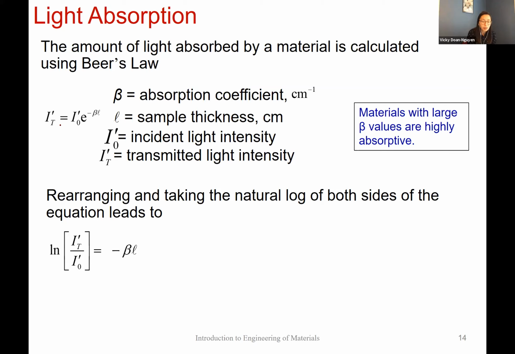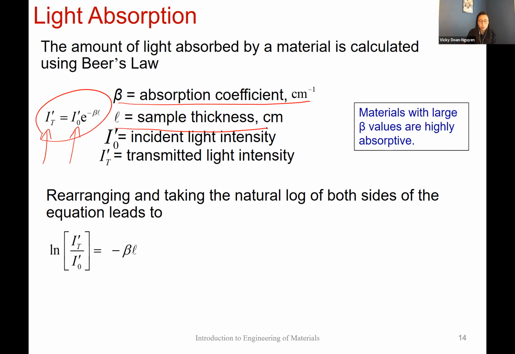That's given by Beer's law, which tells you that if you have some incident light intensity, I naught prime, the amount of light that's transmitted, reciprocal to that of the absorbed, I sub t, is dependent on beta, the absorption coefficient for that material, and the thickness of the material that it's going through, okay?